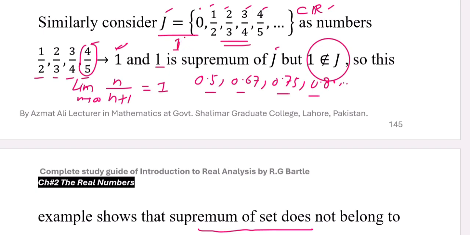An upper bound means an element which is greater than or equal to every element of J. So clearly 1 is greater than every element of J, so 1 is an upper bound of J. Now the supremum property says if there exists an upper bound of J, then it must have a supremum. You can notice that there exist many upper bounds of J, like 1.1, 1.01; every real number which is greater than or equal to 1 is an upper bound of J. Among these upper bounds, the smallest upper bound is 1. So the supremum of J must exist, and that is 1.